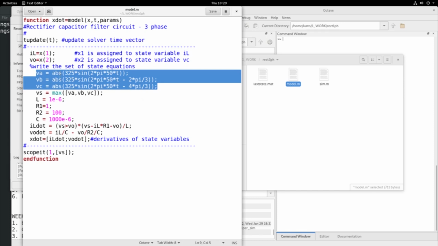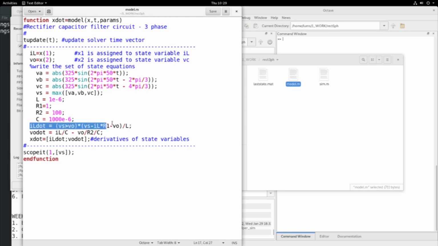All are rectified, which means there are three diode bridge arms, and after rectifying, the dominant one obtained from max of VA, VB, VC is the one that will affect the rest of the circuit.